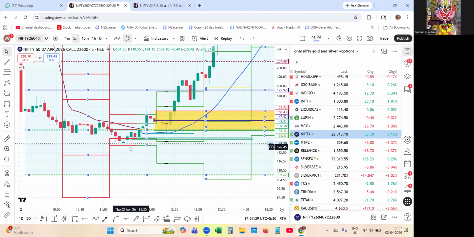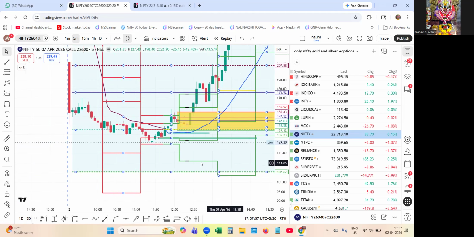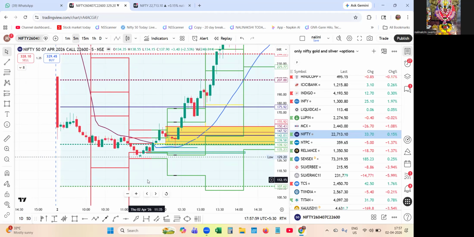I've selected 22,600 because nowadays VIX is very high and the premiums are very high. And I anticipated for this call option to become an in the money or at the money call option. The ranges are very high nowadays.